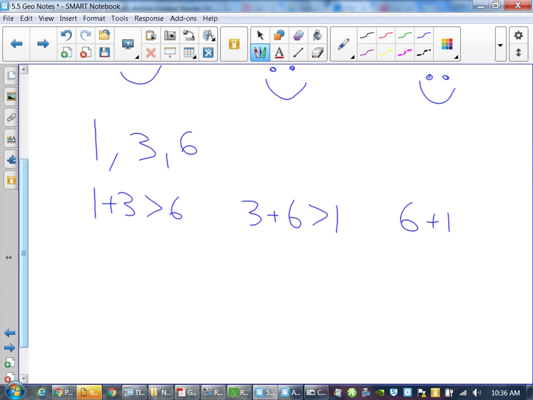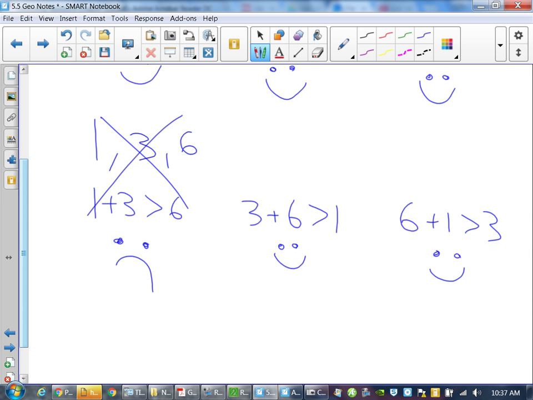Is 6 plus 1 bigger than 3? Well, is 1 plus 3 bigger than 6? Obviously not. So does that mean I can make a triangle even though these others are true? No. I cannot make a triangle.